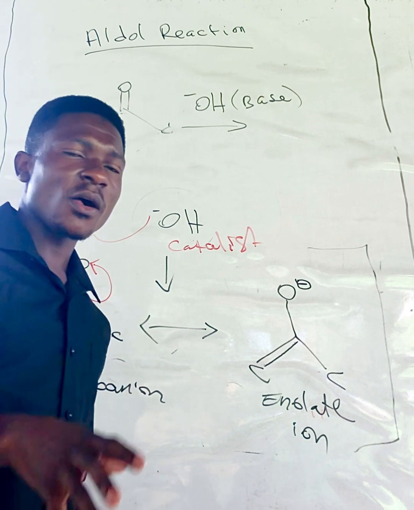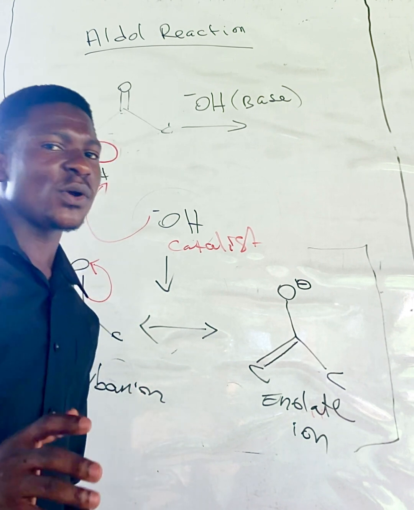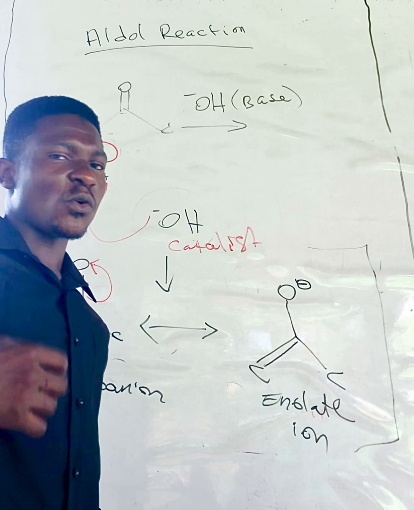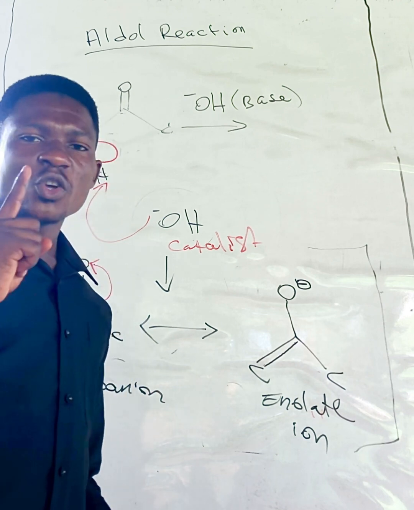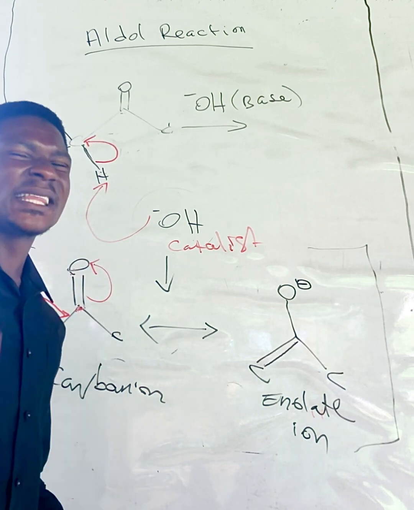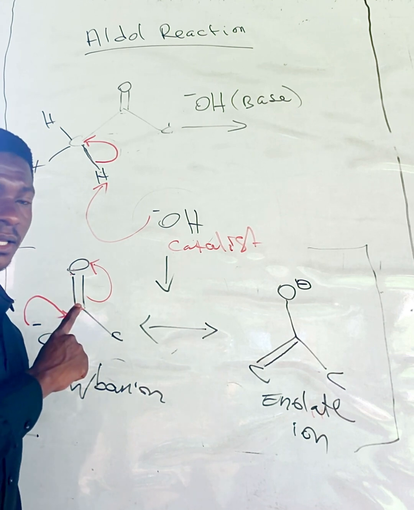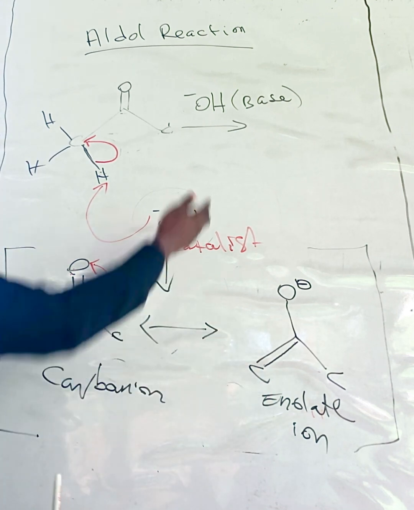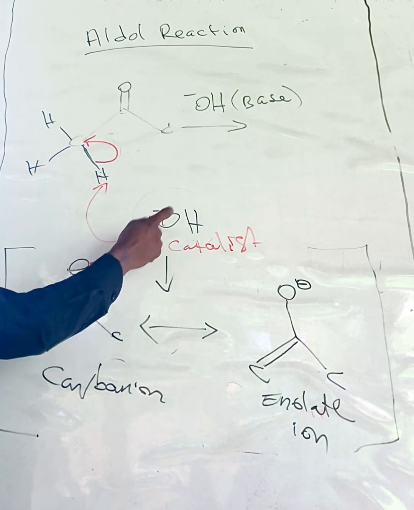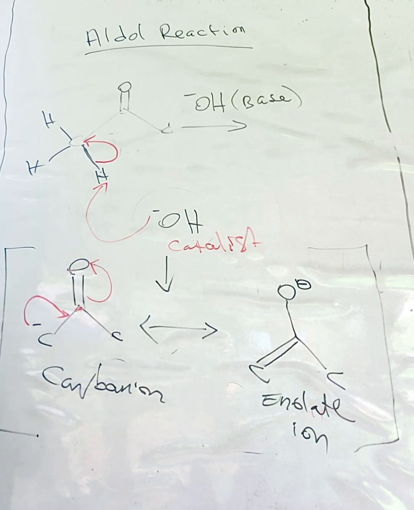So now don't forget, with what I just did, every carbonyl condensation reaction that you are going to write the mechanism for, do not forget to stabilize your carbanion through resonance. After you have formed your carbanion by the abstraction of a base, stabilize it to get an enolate ion.